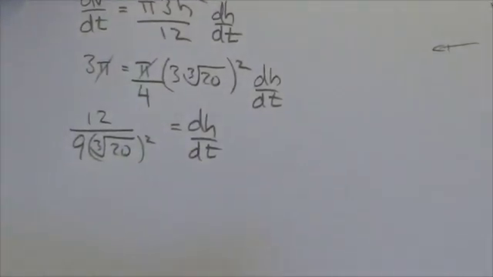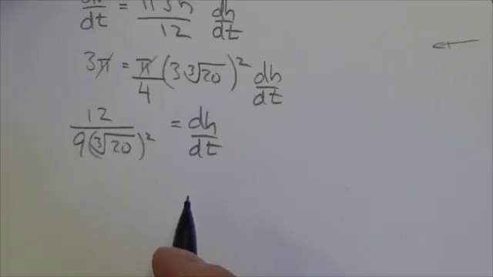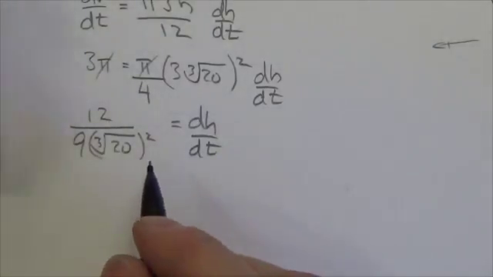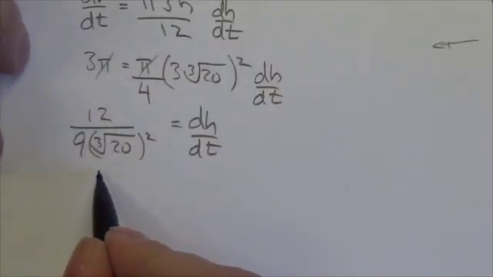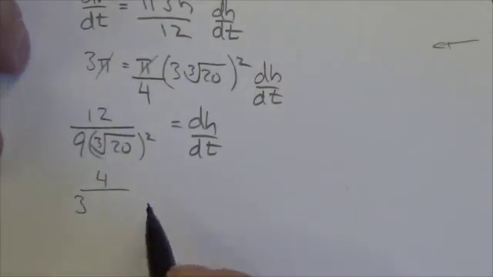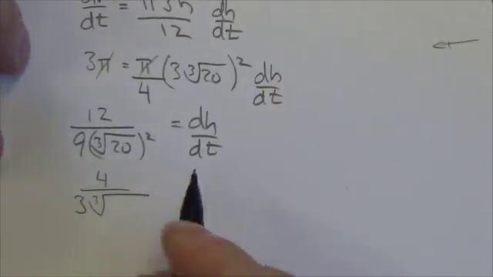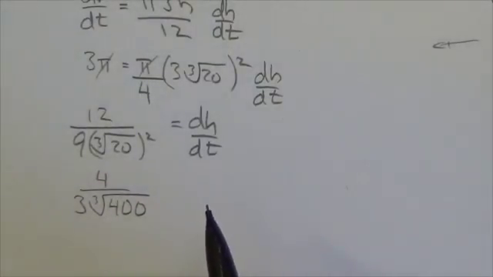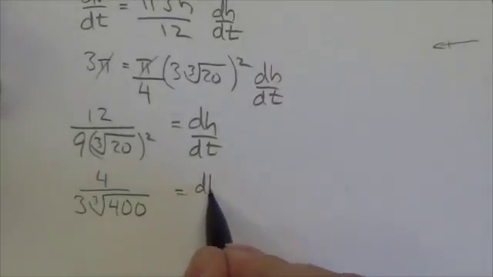Now, I'll get to that in just a second, because there's a little bit of simplification that we can do here. First of all, the 12 over the 9, there's a common 3 to both of those. So this will be 4 over 3 cube root of 400. Turns out 400 can actually be simplified a little bit. So this is dh by dt.